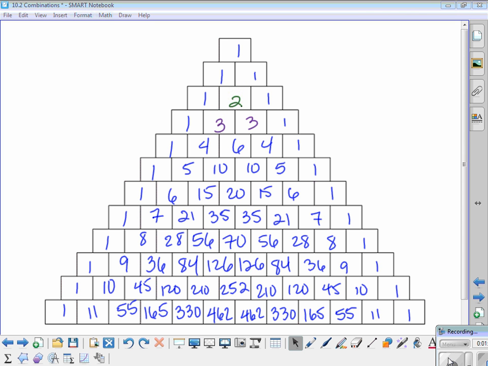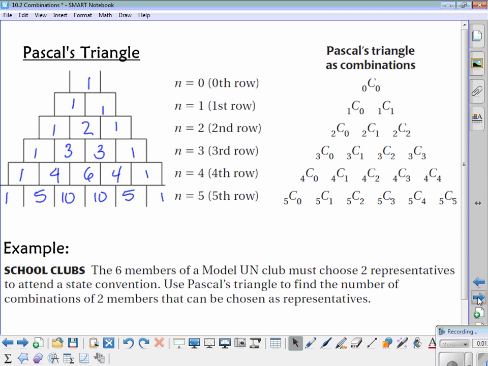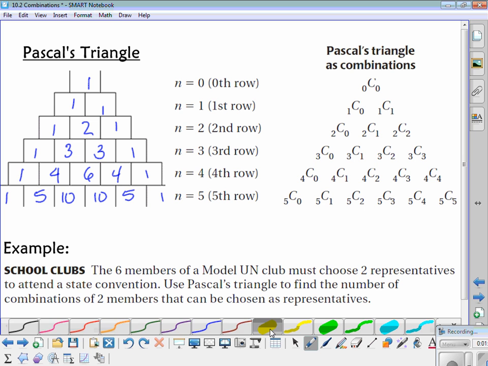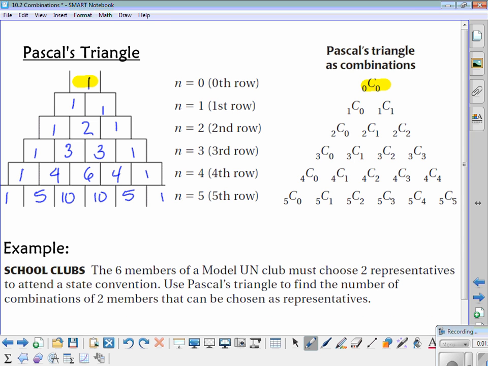All right, so we got Pascal's triangle filled out all the way down to the 11th row. So it turns out there's kind of this cool thing about Pascal's triangle. I went ahead and cut and pasted the top part of it up here. It turns out that the very first row, I'll call that the 0 row, is the same as 0 choose 0.